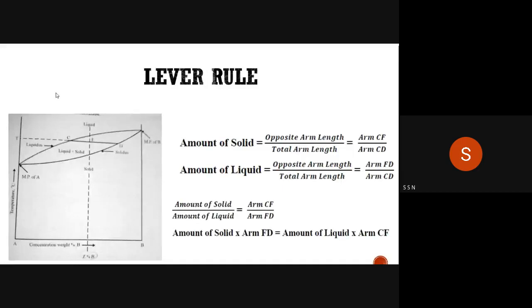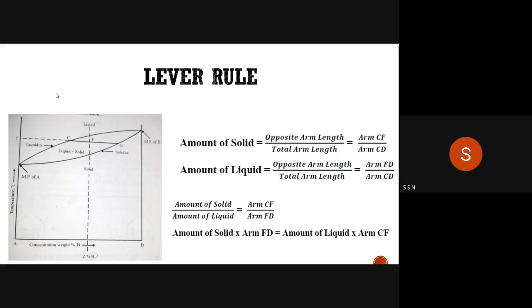And again rearranging the terms, amount of solid into arm FD is equal to amount of liquid into arm CF. So if you know either amount, you can easily find the other from that last equation also.